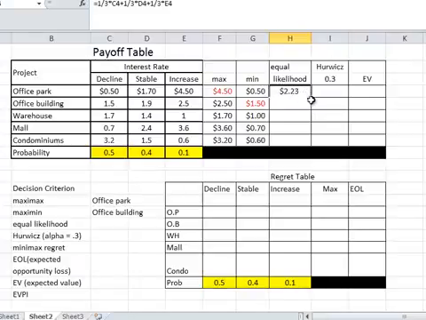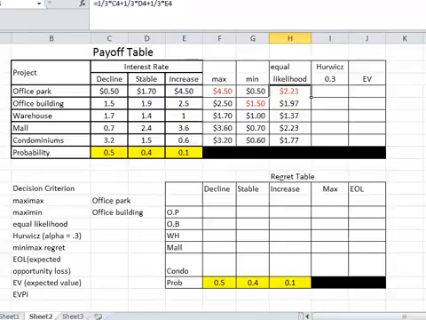Similarly, we're going to calculate the payout associated with the other 4 decision alternatives. Now let's compare those 5 payoffs. It's pretty interesting over here that we see 2 projects that give us the same amount of payoff, $2.23 million.